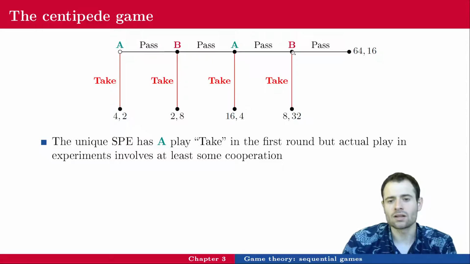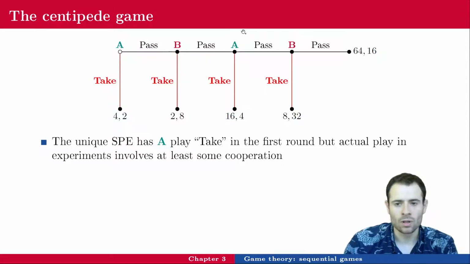Now, let's go to the second subgame. In this subgame, A can pass, but in this case, B will take, so A will make a payoff of 8. Or A can take and will get a payoff of 16. 16 is higher than 8. So in this subgame, if A gets to play here, he will take and get a payoff of 16.